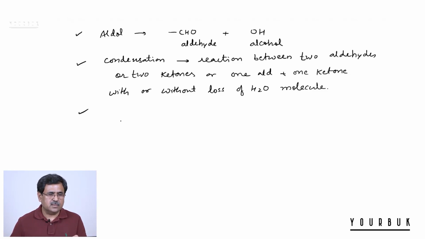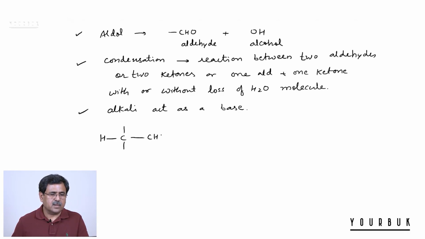The next point is that in this aldol condensation, alkali acts as a base. This is the mechanism involved in the aldol condensation. So we use an aldehyde or ketone containing at least one alpha hydrogen. So this is an aldehyde containing alpha hydrogen, and alkali acts as a base.